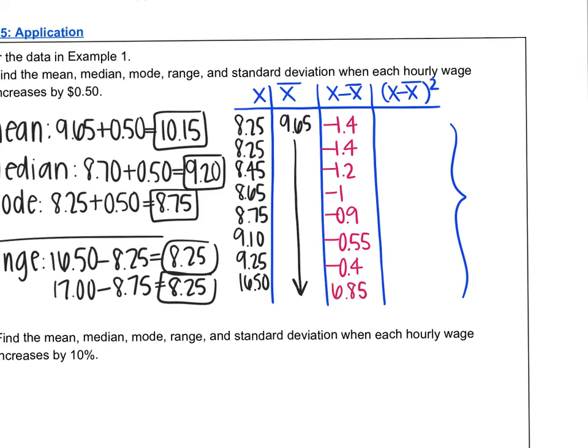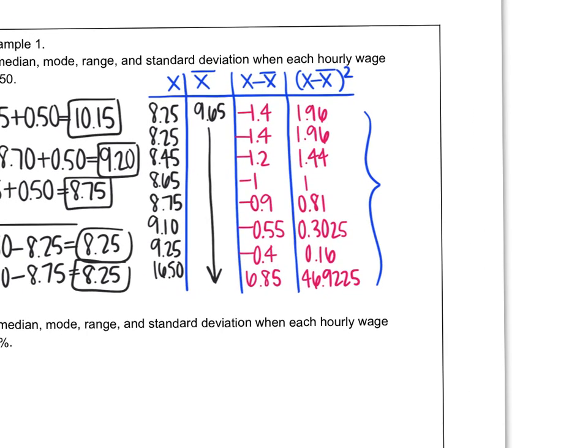And then I'll square those. Remember, when you square something, it stays positive, so this will be 1.96, 1.96, 1.44, 1, 0.81, 0.3025, 0.16, and 46.9225.